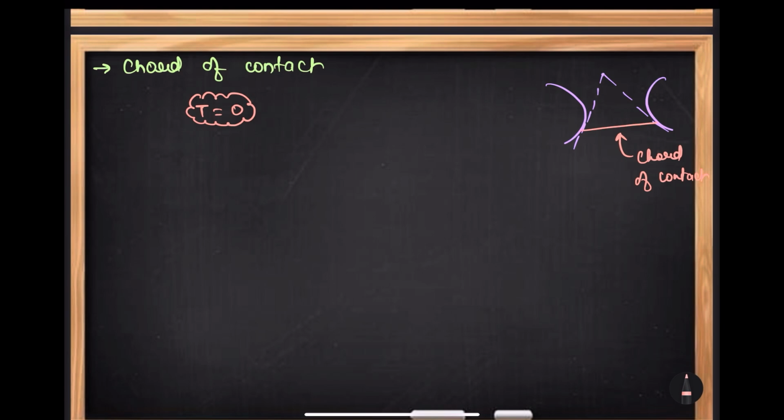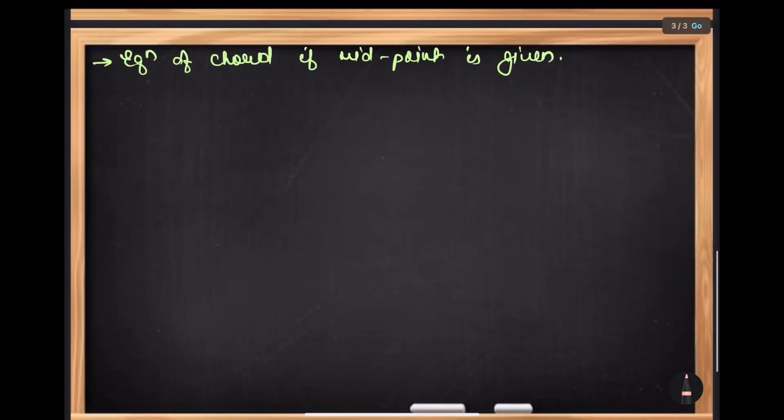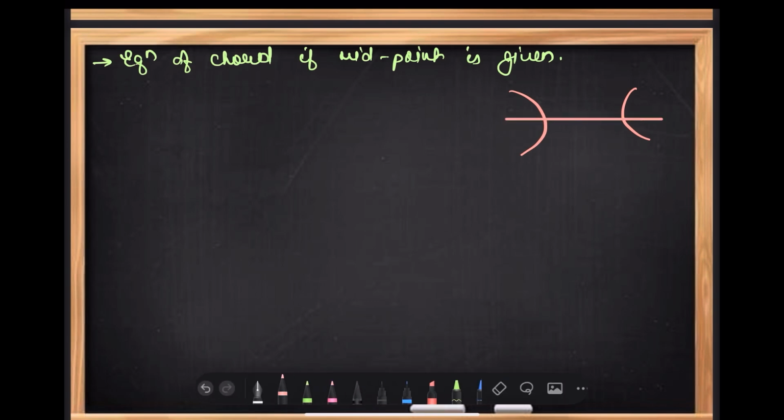Now we have the equation of a chord if the midpoint is given. They will be giving you a curve, they will be giving you a point. Suppose that we got this point. From this point there will be infinite number of chords which will pass, correct?